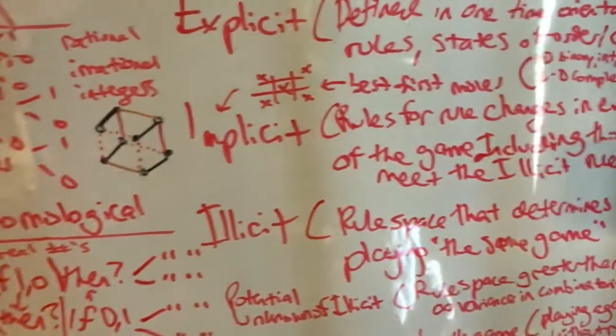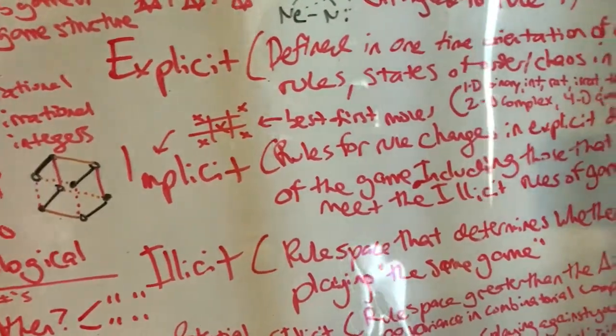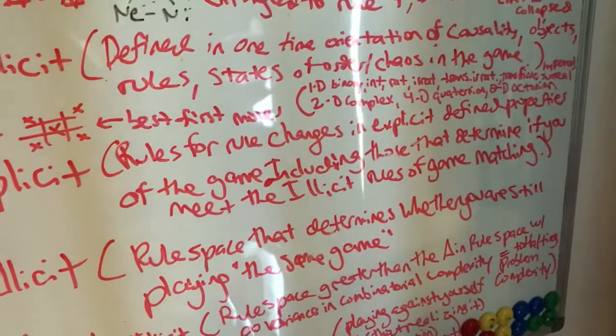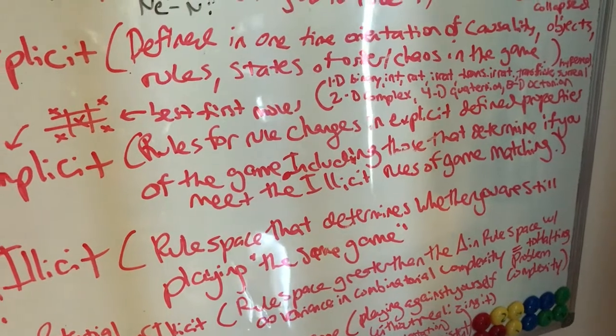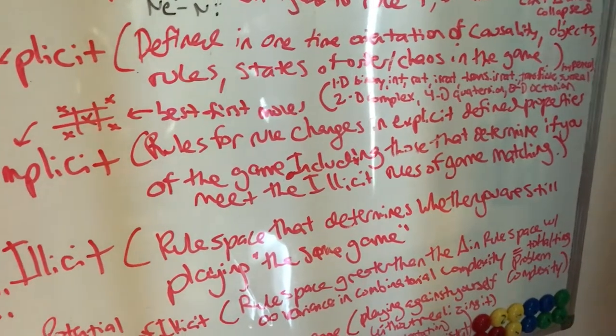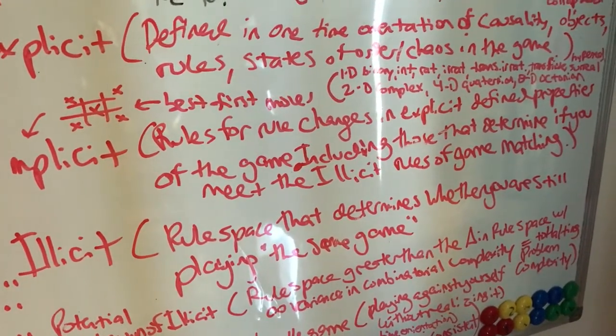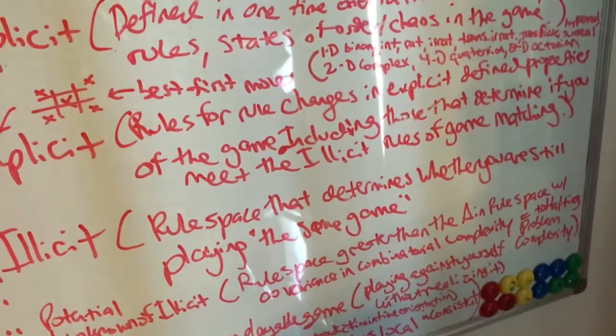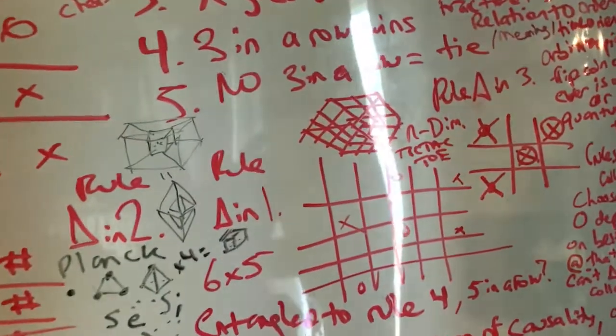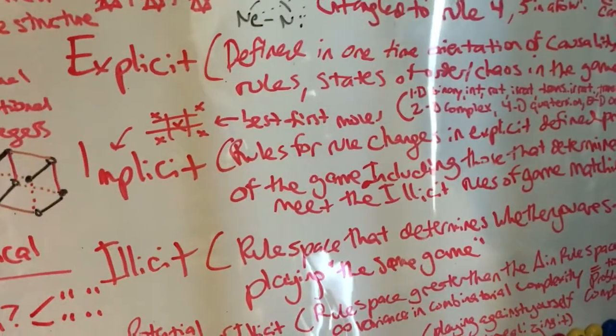So there's the implicit, which, as I was saying, is the ability for the explicit rules to change. But the interesting property of implicit rules is that they assume you're still playing the same game. So you can assume this n-dimensional tic-tac-toe is still tic-tac-toe, and that just seems obvious to us.